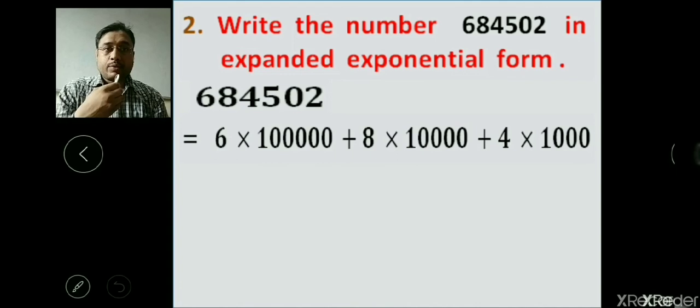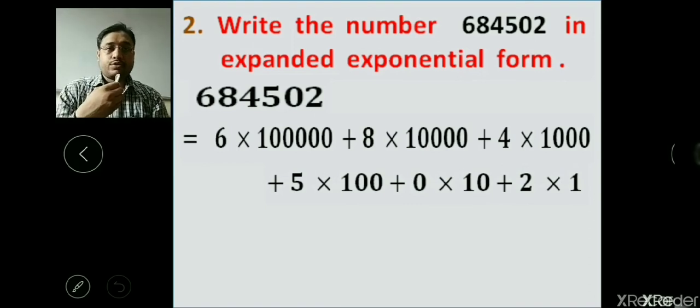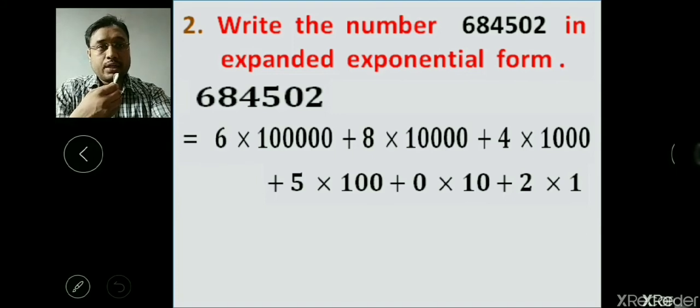Now 8 is standing for 80,000, because it is at the place of 10,000, so 8 into 10,000. Now 4 into 1,000 is 4,000. Next 5 is at the place of 100, so 5 into 100. 0 is at the place of 10, so 0 into 10, and 2 is at the place of 1, so 2 into 1.